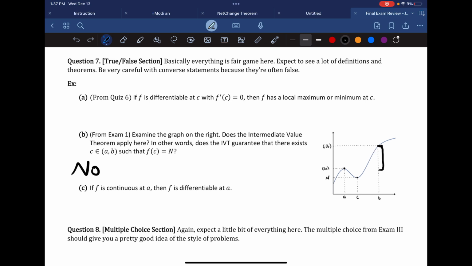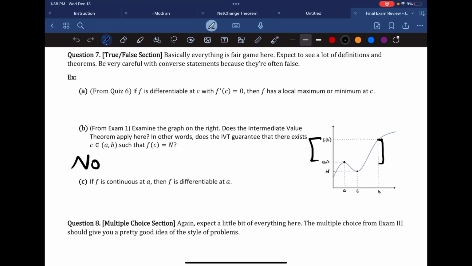But because the IVT states that between A and B, the function takes on every value between f of A and f of B. At C, N is not between f of A and f of B, right? N is less than A, so it's not on the interval, so it's not guaranteed by the IVT. So that's something like what your argument would sound like.